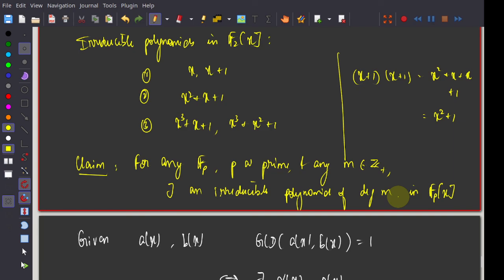We will not discuss the proof of this because that requires a lot of theory to get to this particular point, but we'll assume that yes, this is true. It's not easy to just write it down. It's possible to find out the number of irreducible polynomials also, but you have to check.